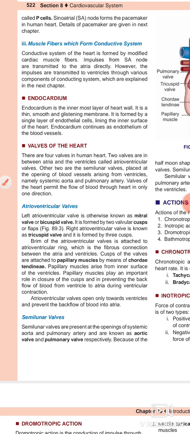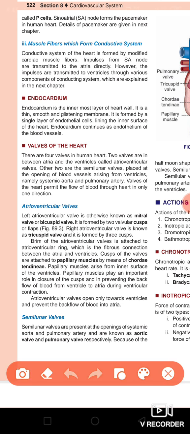Now this valve is attached to some kind of fibrous connections and a muscle called the papillary muscle. These papillary muscles are connected to the chordae tendineae. These muscles play an important role in the opening and closing of these valves. Whenever we have to pump blood from the atrium into the ventricle, these valves open due to the contraction of the papillary muscles.